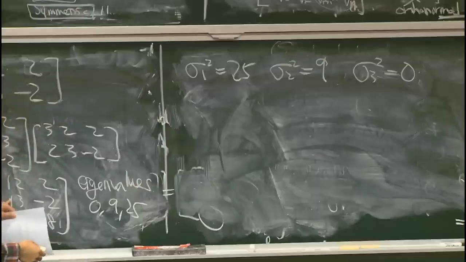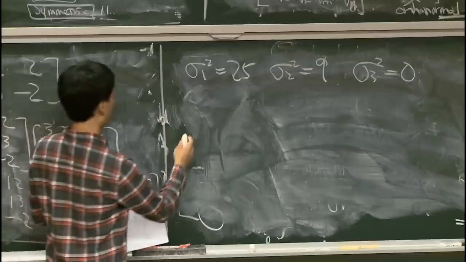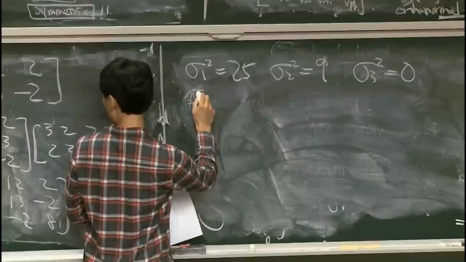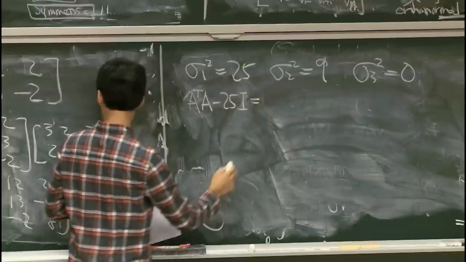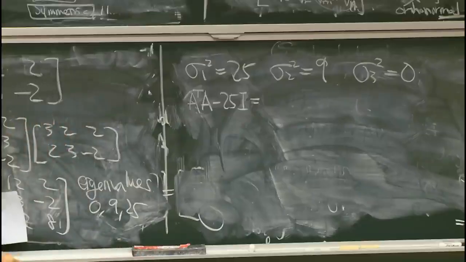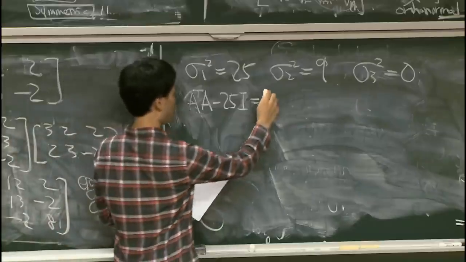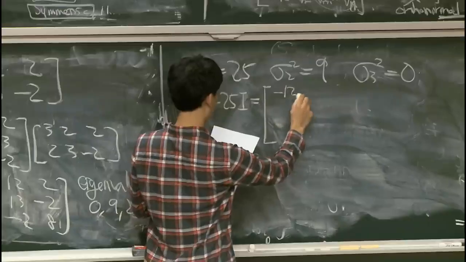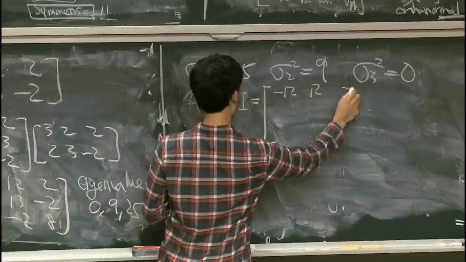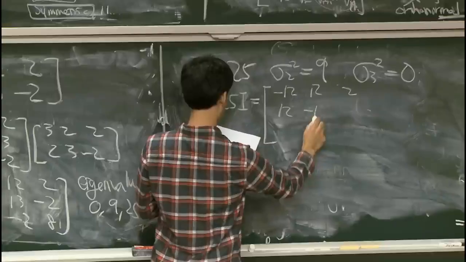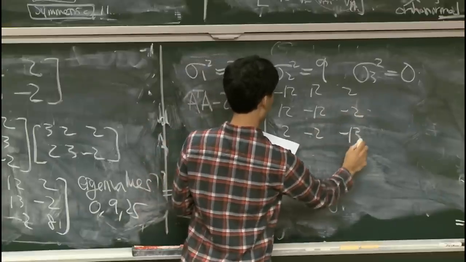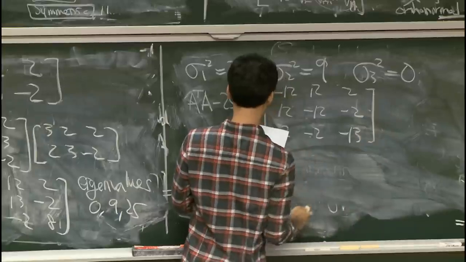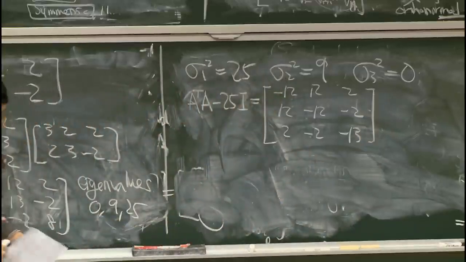And I'll just do one just to remind you how to find an eigenvector. So A transpose A minus 25I is equal to subtracting 25 from these diagonal entries. You're going to get -12, 12, 2, 12, -12, 2, 2, -2, -17.